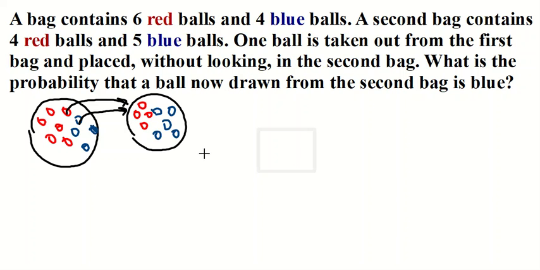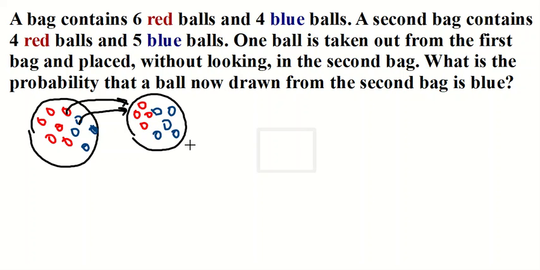We'll just multiply the probability of getting a ball from the first bag, whatever ball we have drawn, red or blue, and multiply with the probability of a red or blue ball being drawn from the second bag.